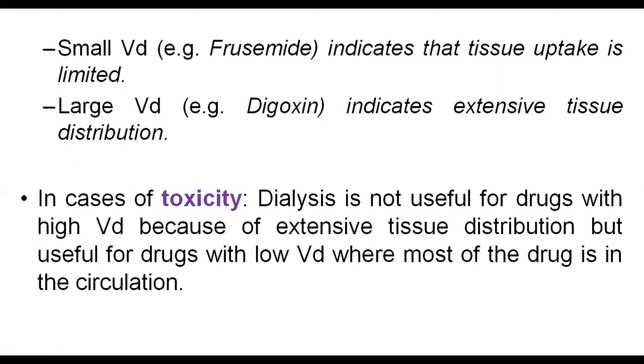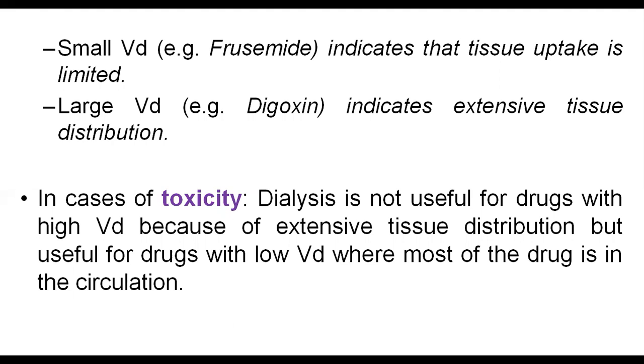And this is for a good reason. Remember that digoxin, this digitalis, we want it to act on the myocardium. We want it to cause a positive inotropic effect, for example. This drug should be able to leave the plasma into the tissues so that it can exert its effect on the myocardium.